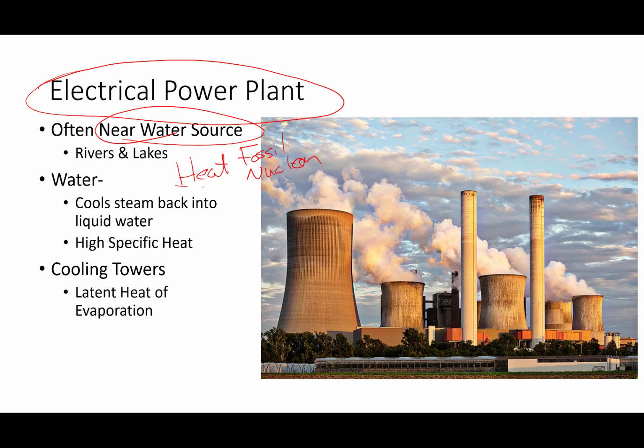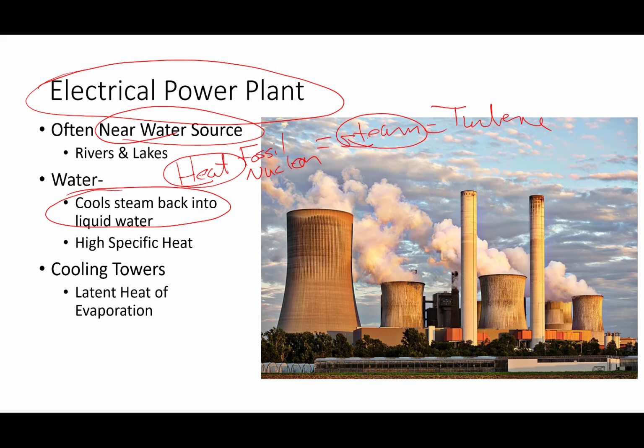And the reason is there's so much heat that is used to create the steam that's used to turn the turbines that they have to cool the system back down into liquid water from steam in order to start the process over again. And so they do this near rivers and lakes. Most major lakes and rivers in the United States are going to have power plants located next to them because it's a very large source of water.